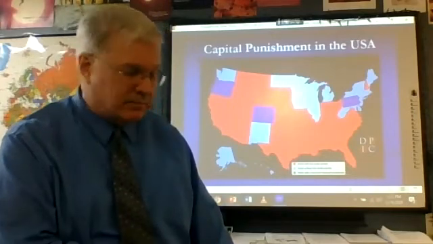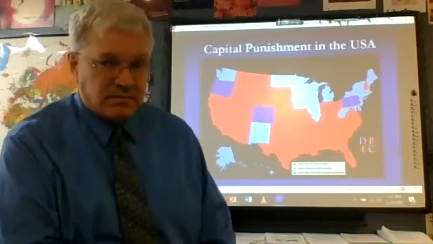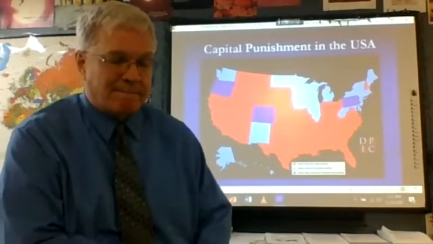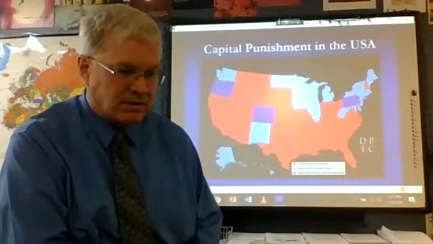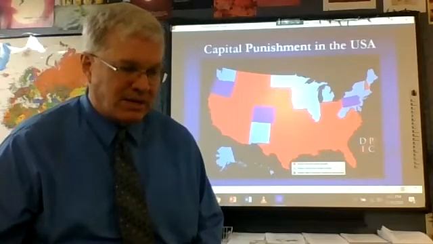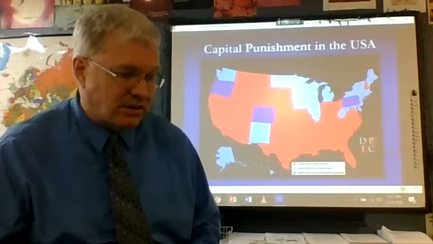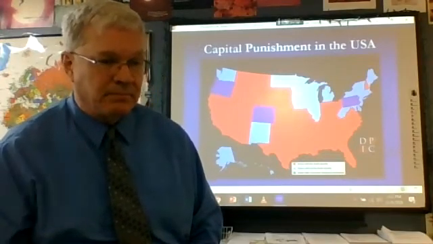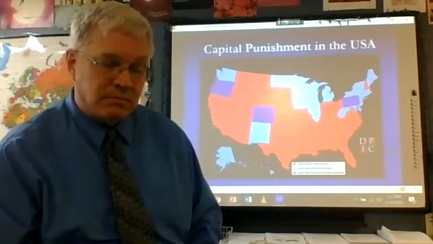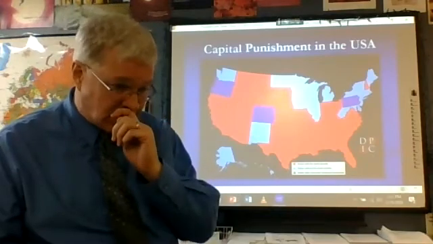You want to write these down. Age of the defendant. Is it cruel or unusual punishment to execute an adult for a crime that was committed as an adult, if it's a serious enough crime, like a murder? Could be. Well, what about a juvenile? What about somebody who is under 18?